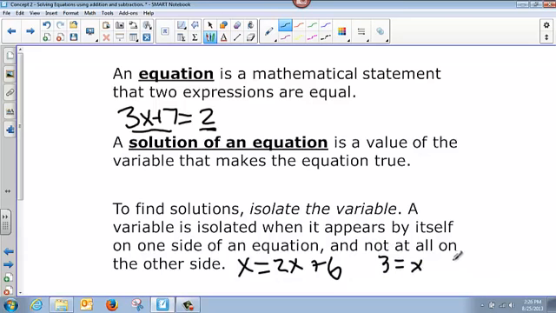Now the question is, how do I get from something like this, 2 plus x equals 5, to get x by itself on this side? How do I undo this 2, get rid of this 2, so that x is isolated? And that's what we're going to learn today.